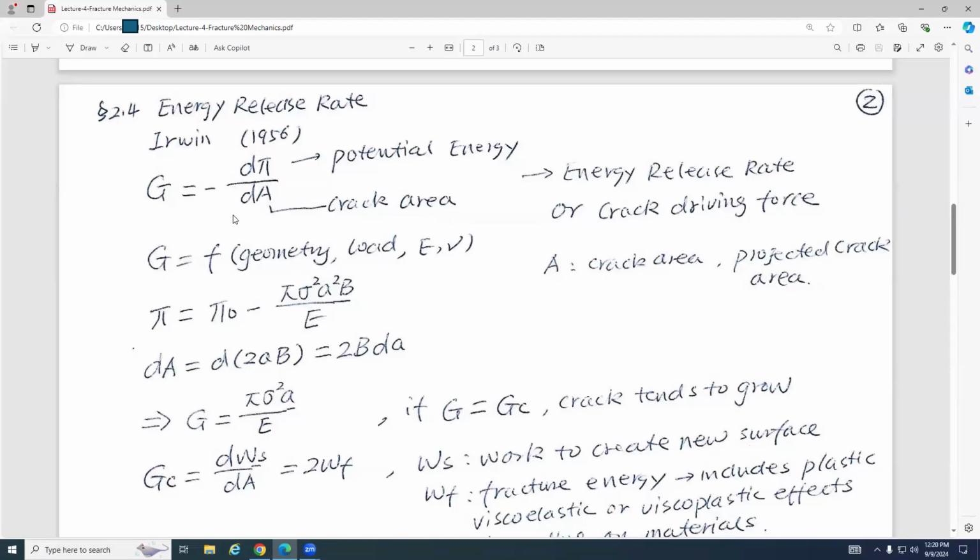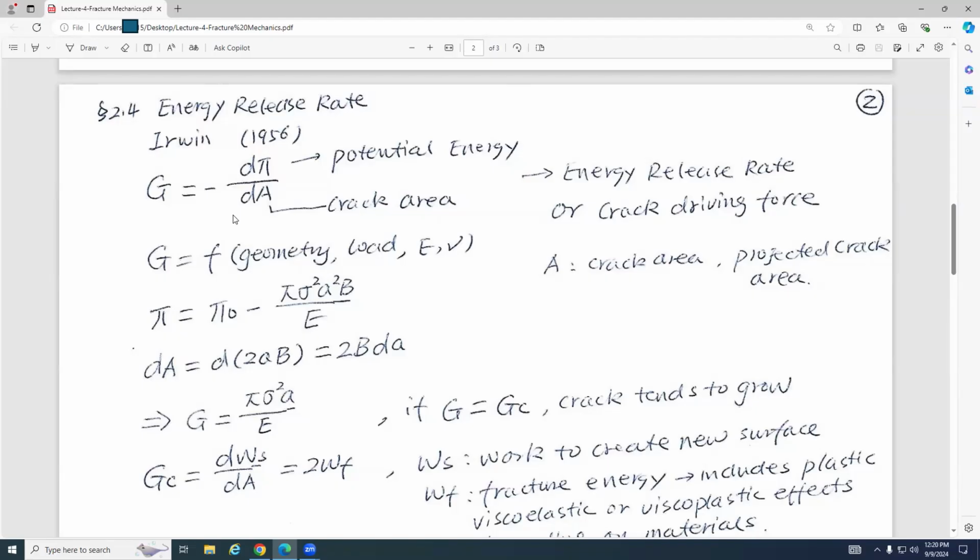And what's Pi 0, guys? Potential energy of a cracked body? Yeah, David, thank you very much. Pi 0 is the potential energy of the system before it has any crack: the uncracked body with the same geometry, same loading condition, and same material.